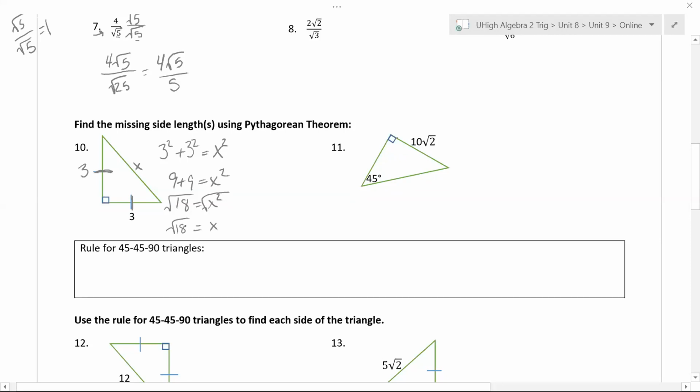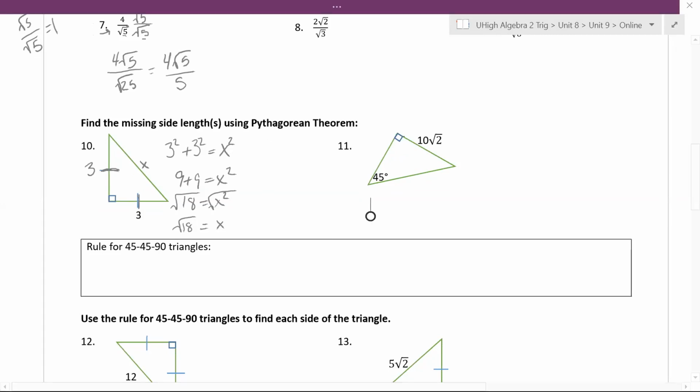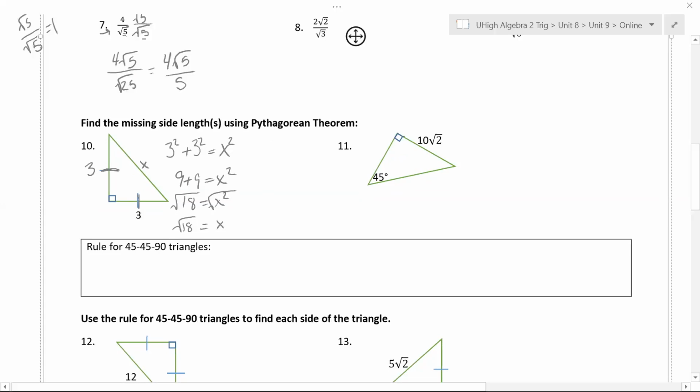But just like what we were doing up above in problem number 1, we want to see if we can simplify this square root. So I'm going to rewrite this over here and say, okay, so x equals the square root of 18, but I want to try to simplify this. So again, we think what perfect square goes into 18.